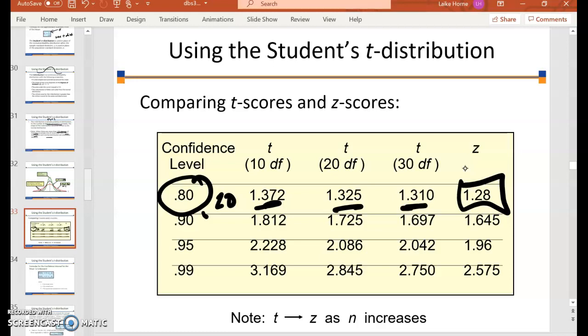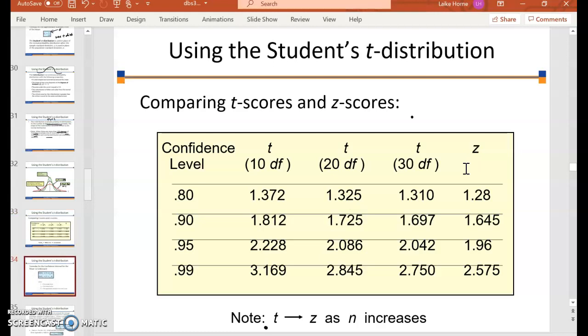As the degrees of freedom increase, the sample size, see how T started out at 1.372? And then as we increase the sample size, it gets closer and closer to the z-score. So upping the sample size is going to make it closer to a normal distribution.